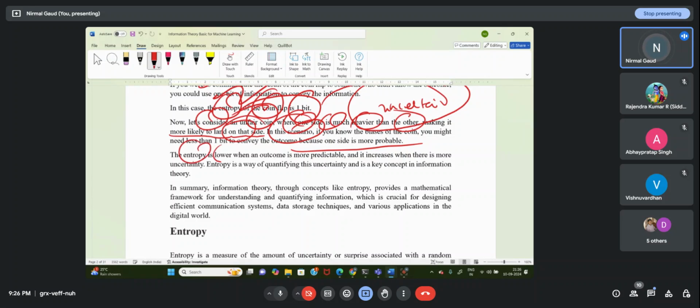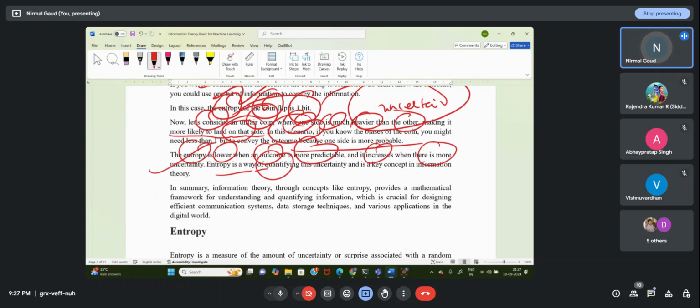So entropy is lower when the outcome is more predictable. When the outcome is predictable, you very well know that this may appear, so entropy is less. But when there is so much randomness, when there is so much uncertainty in the data, uncertainty in the outcome, then entropy increases. Entropy increases when uncertainty increases.